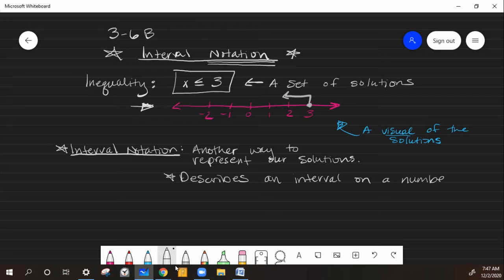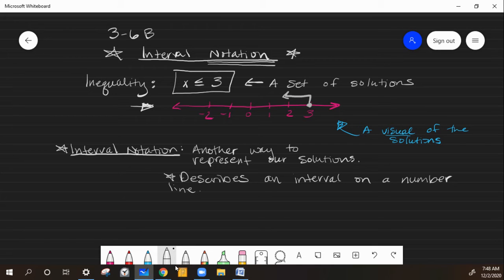Think for a second. In fact, pause the video if you need to and Google what the word interval means, just in general. Okay, so now that you know what interval means, I think of intervals like time intervals sometimes, like the delivery man will be there between 7 a.m. and noon.